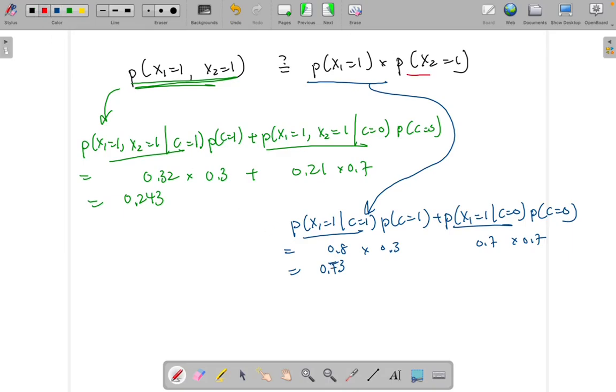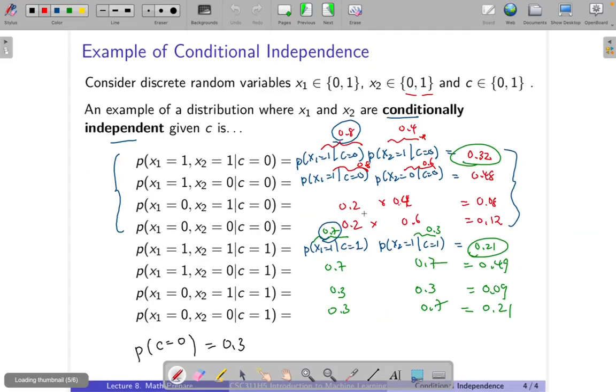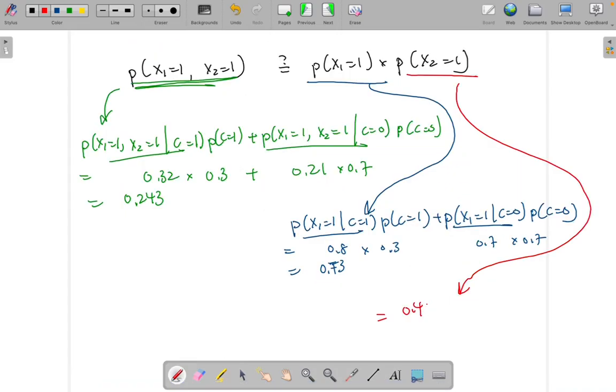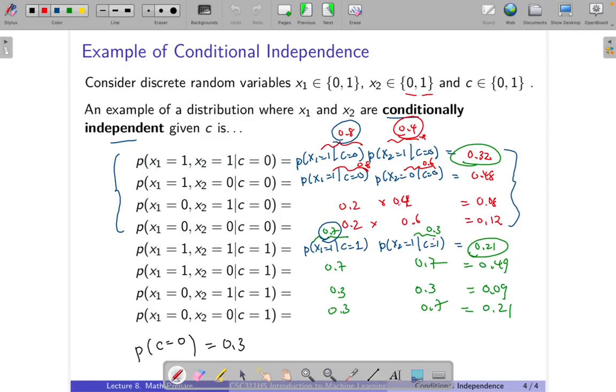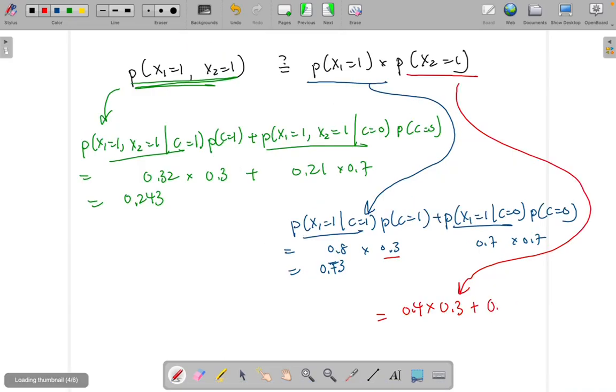So we got one more term left, for x2, and this is going to be this number, 0.4 times this 0.3 here, plus, going back to the previous slide, this number, 0.3 times this 0.7 here, and this one should give me 0.33.